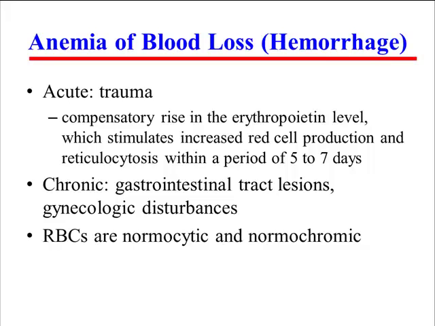GI tract lesion, let's say if you have an ulcer and you have slow chronic blood loss. Gynecological disturbance would be like an abnormal menstrual period, so you're losing a more significant amount of blood than normal. And in these cases, the red blood cells are normocytic, so the size is normal and the color will be normal.